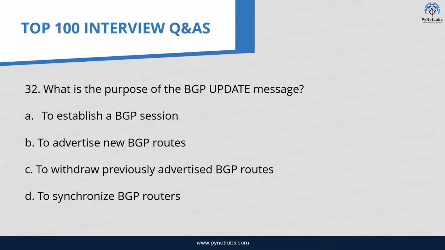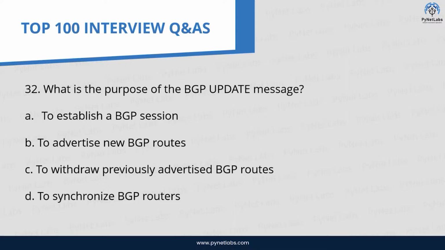The second option says to advertise new BGP routes. The third says to withdraw previously advertised BGP routes. The last, option D, says to synchronize the BGP routers. The BGP update message is used to advertise new BGP routes, so the correct answer is option B. Whenever BGP is announcing reachability, the update message informs the neighbor routers about the reachability of the network, where the routers learn about new routes or withdraw any existing route.